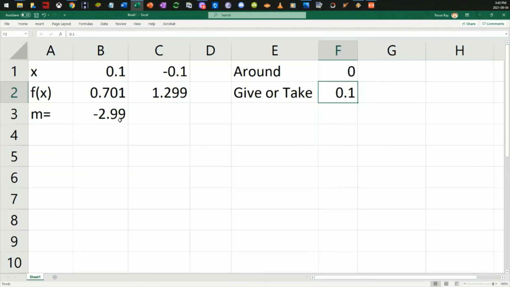So this gives me a slope of negative 2.99. I do it for 1. It gives me a slope of 0.01. And if I do it at 2, it gives me a value of 9.01.